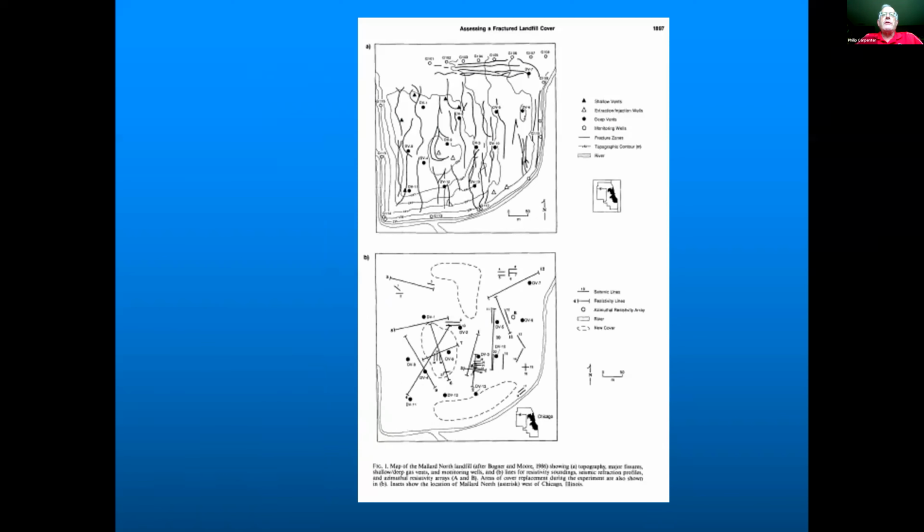It was built in 1974 or something like that, not properly lined. I don't know if there was any liner underneath it. And the surface was fractured heavily. So these are the fractures here, you can see in the top diagram. These are monitoring wells and gas vent wells.